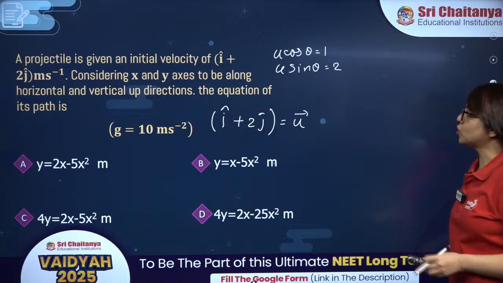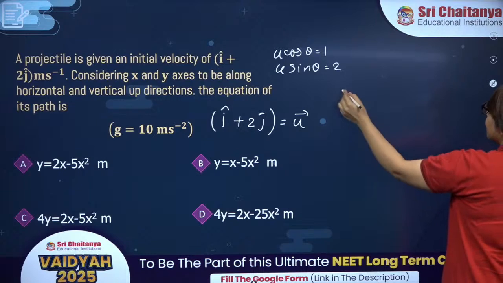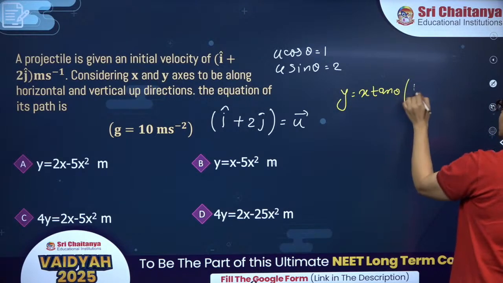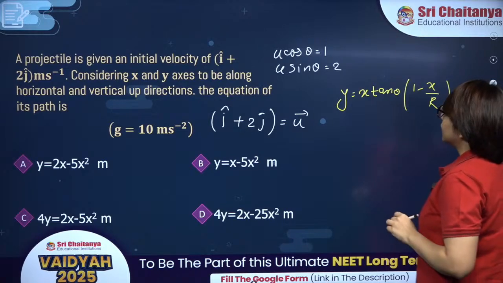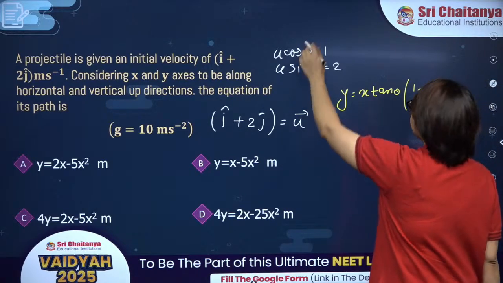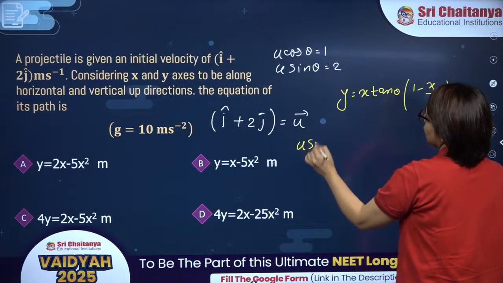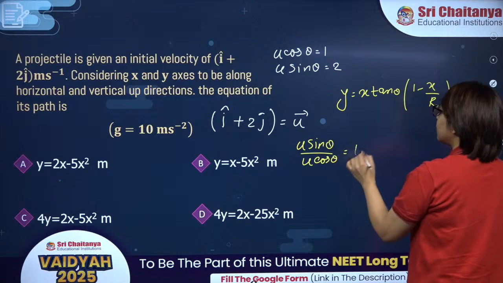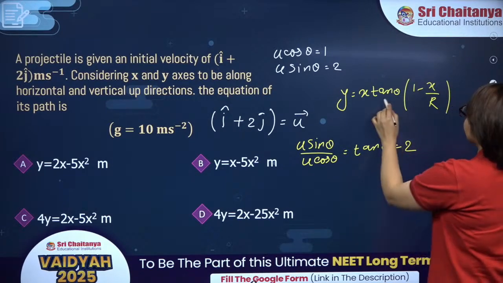I'll give you one short method here. So we have y is equal to x tan theta into 1 minus x by R, where R is the range over here, right? If you divide u sin theta by u cos theta, it will be tan theta. Dekho, u sin theta divided by u cos theta will give you tan theta, which is equal to 2. Okay, so we have tan theta.